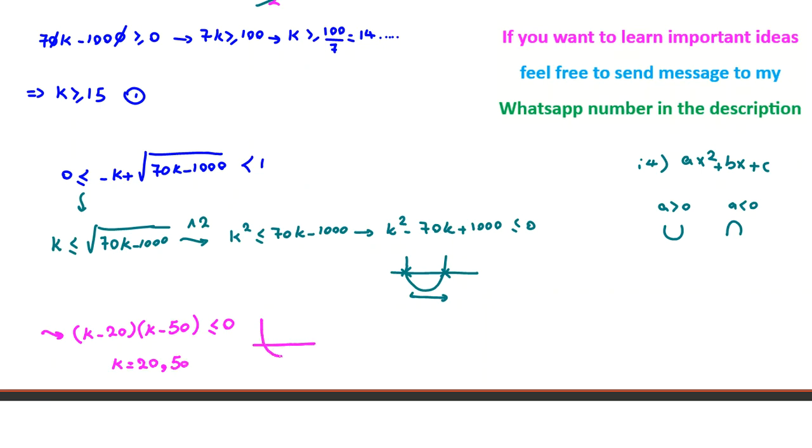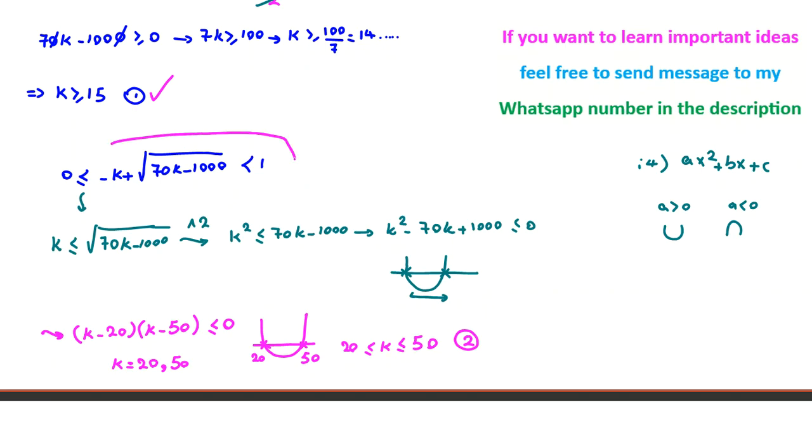So k is greater than or equal to 20 and less than or equal to 50. It is the second result that we've reached. The first result was k greater than or equal to 50. And we know when k is greater than or equal to 20 in the second condition, because all conditions should be satisfied, the first condition will be satisfied. So we should focus on this.